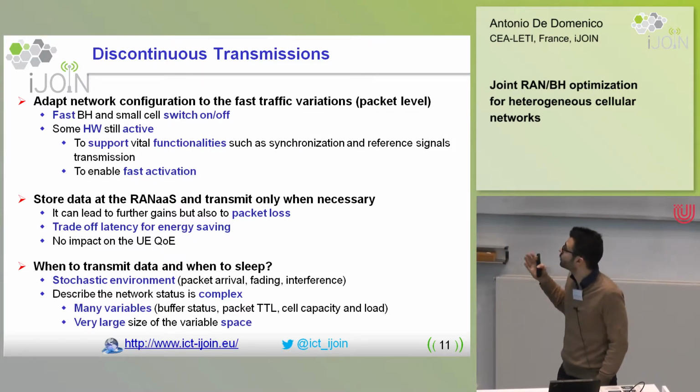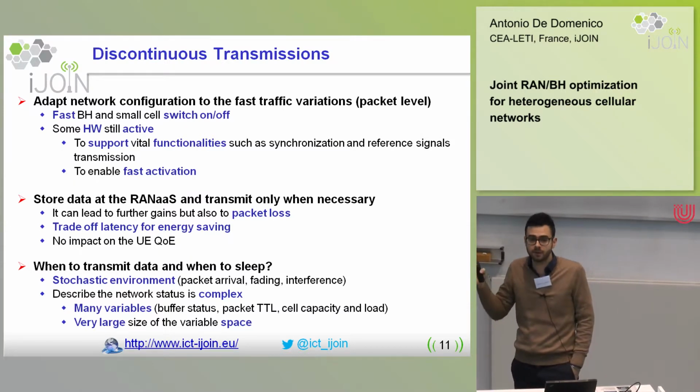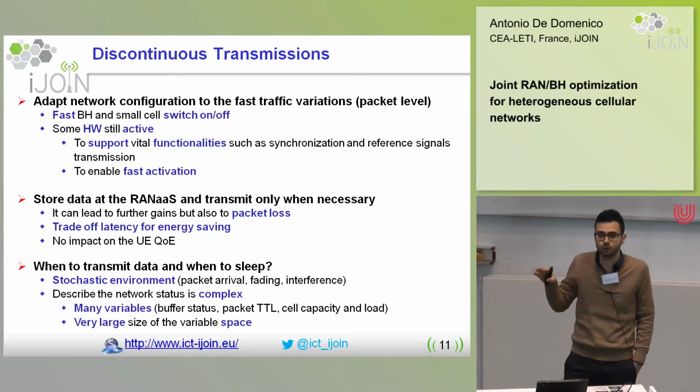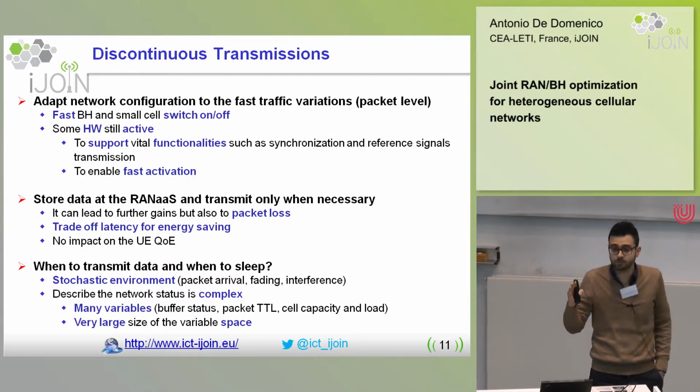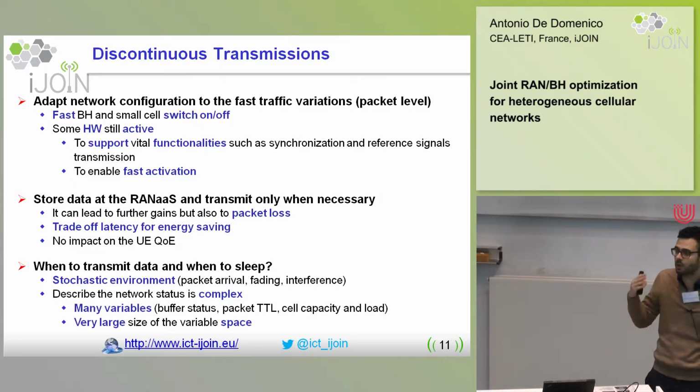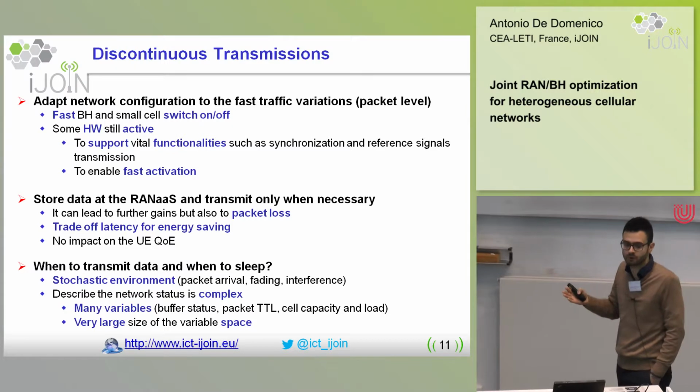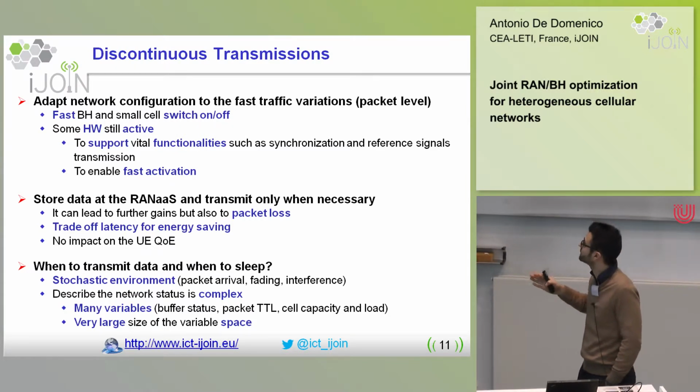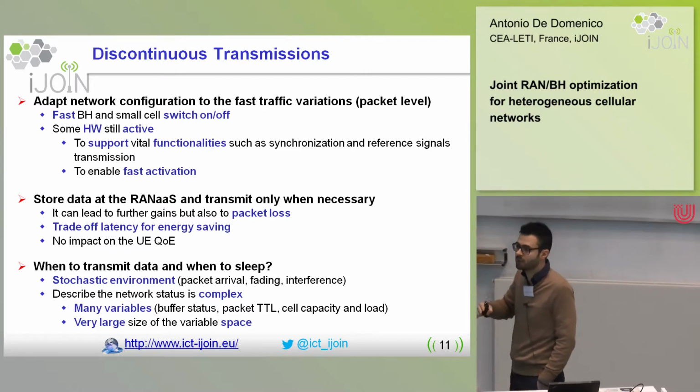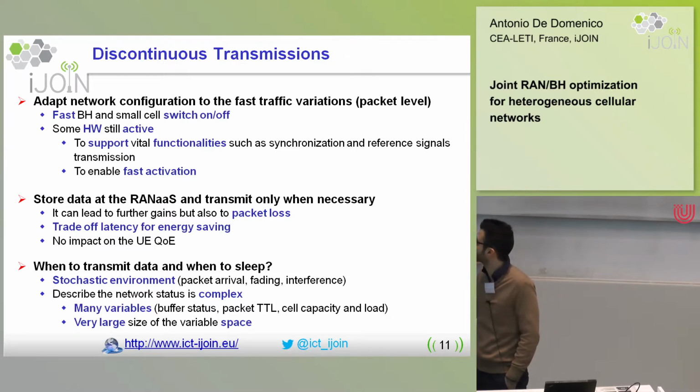Furthermore, you can store the data received in the central unit and decide when to transmit according to the quality of service constraint. So this is based on the trade-off between latency and energy saving.